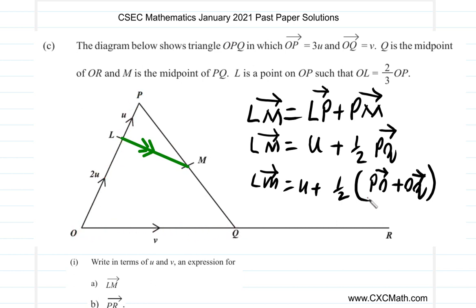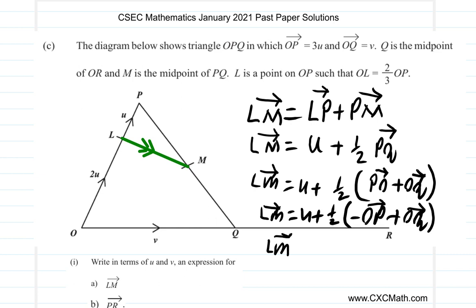Alright? Now, what is PO in terms of U? Well, PO, you can write that part and say PO is really negative OP. Alright? So LM equals U plus half of negative OP plus OQ. I'm showing all working here.